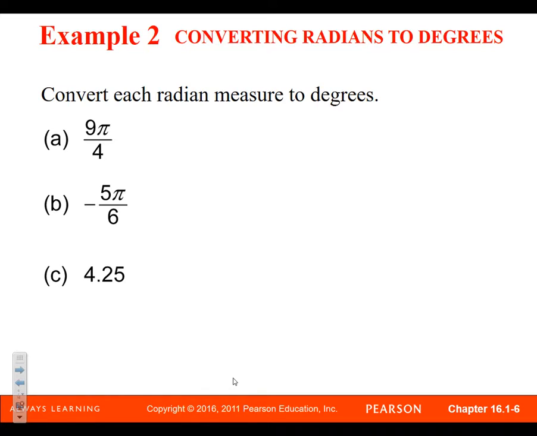Look, you're going from radians to degrees now. So it's going to be 180 degrees on top and pi radians on the bottom. Cancel. 9 times 180. It is 405.